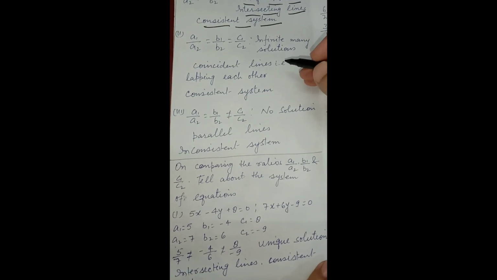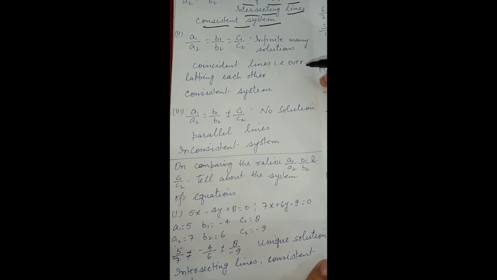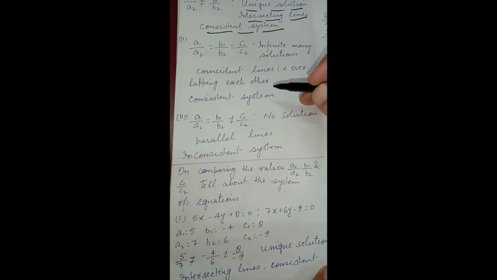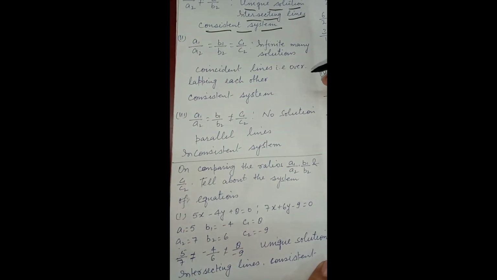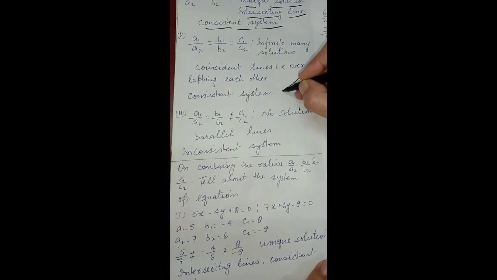And in that case both the lines are coincident, meaning overlapping lines. When we draw one line, the other line will be on the first line only, meaning they will completely overlap each other in this way.